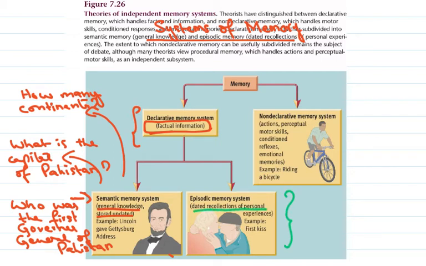which is basically that you have dated recollections of personal experiences. So, for example, when was the first time that you learned to drive a car? Or when was the first time that you basically drove a car?